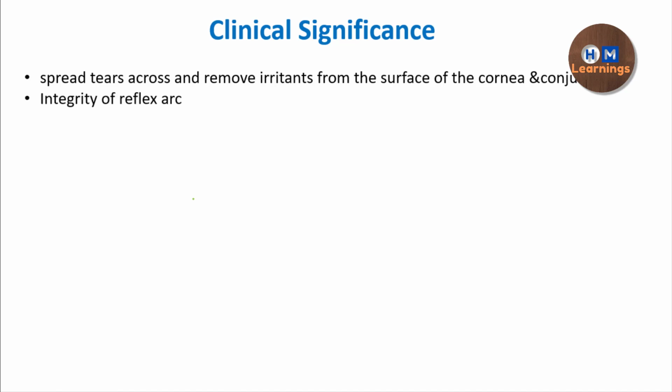We have also discussed in the previous video in much detail that checking the reflex, and getting the response, helps us know that the reflex arc is intact. So the clinical significance is that checking the reflex, or knowing about the reflex arc, helps show whether all the components of the reflex are normal or not.